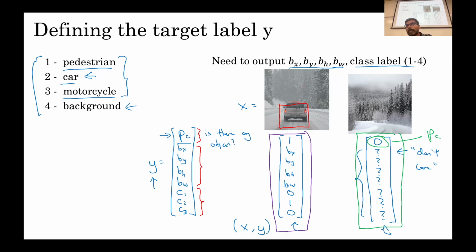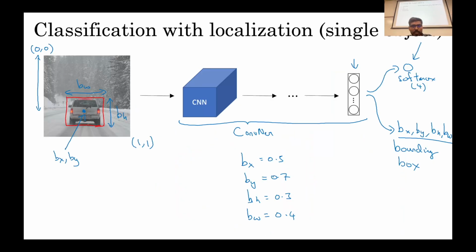Any question? Those are the coordinates we saw in the previous slide. BX, BY is the center point of the bounding box, and BW and BH are the width and height. When you design your data set, you have to provide this information for training. Is it always going to be a square? No, not necessarily.